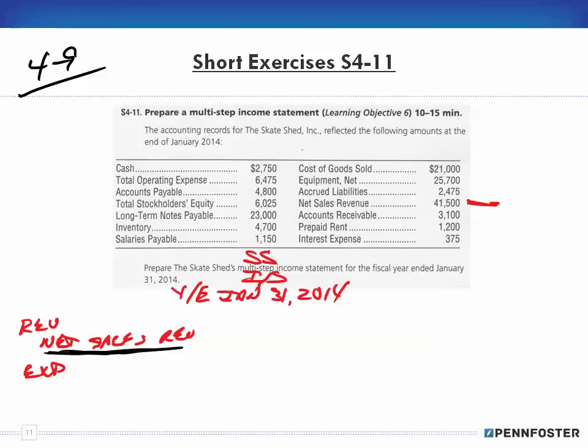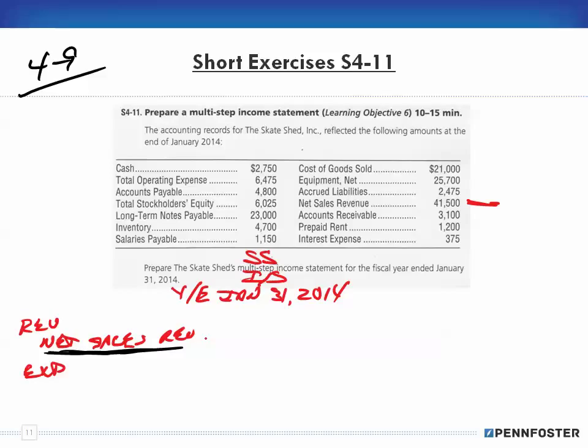You wouldn't just have one line item in your general ledger accounts called net sales revenue. You would have a sales revenue account, a sales return and allowance account, and a sales discount account, and of course that would end up in this section.